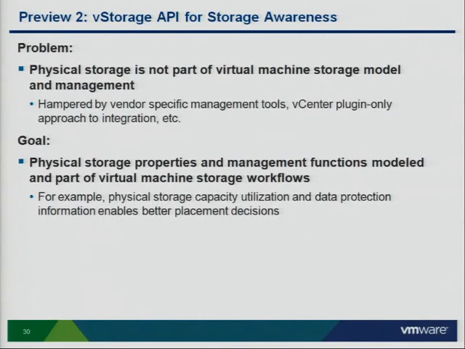If you happen to go to the storage DRS talk, there's fancy algorithms now being invented to figure out where you should place your virtual machine. And so those algorithms can now take into account actual physical storage properties to make sure that the decision that we've arrived on based on just virtual properties, everything that the hypervisor sees, is a decision that is also okay with the underlying storage. So that's where we are going with here.